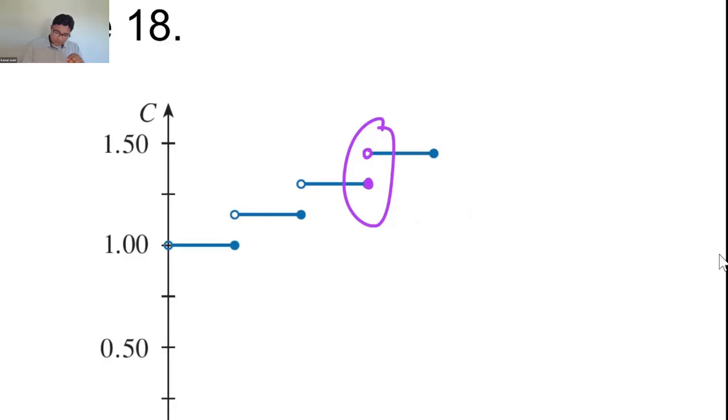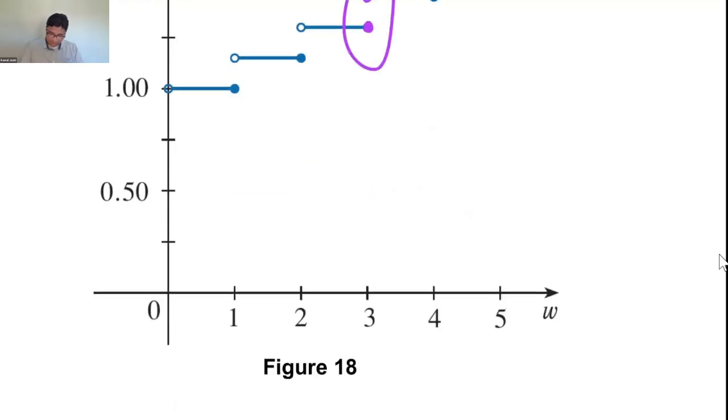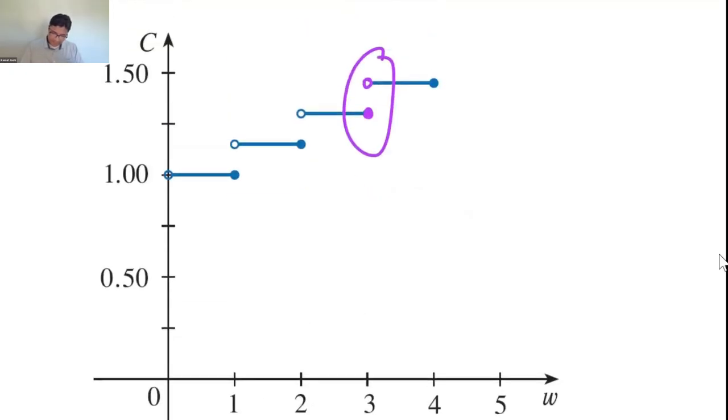The closed or filled circle here means that is the value of the function for that particular x, like f of 3. F of 3 here is this value. Okay. Whereas that open circle there means that's not the value of the function at 3. But after 3, for x greater than 3, that rule applies. Okay. So open is used when that is not the value of the function.